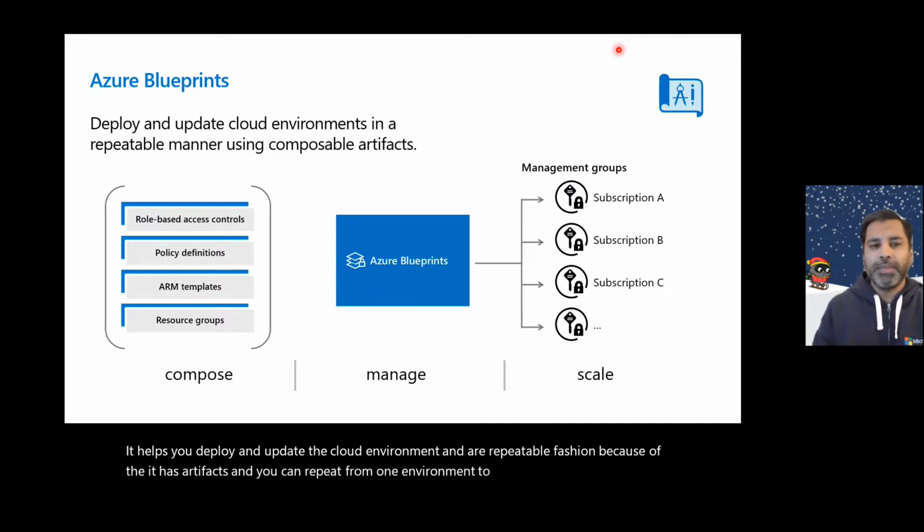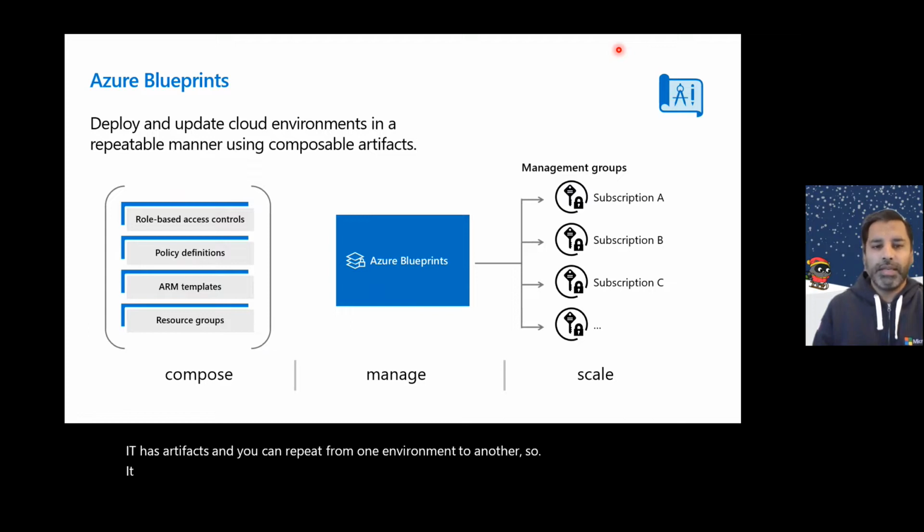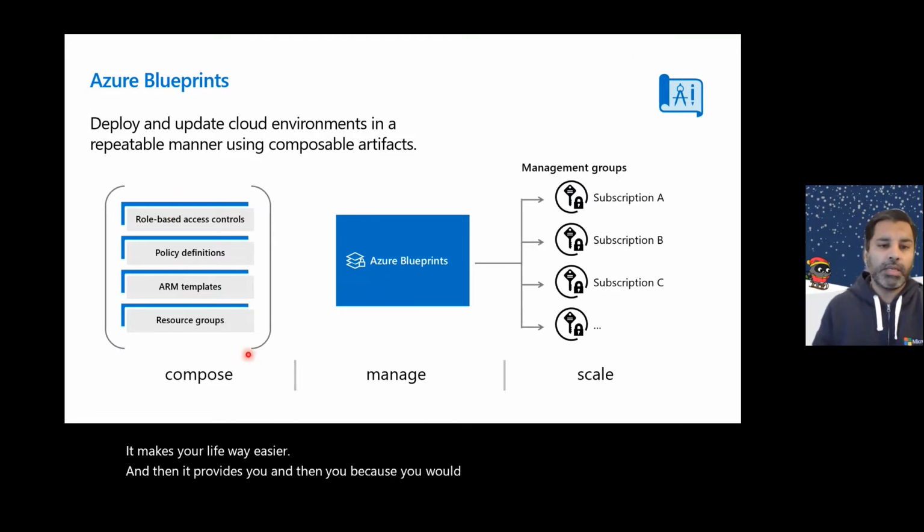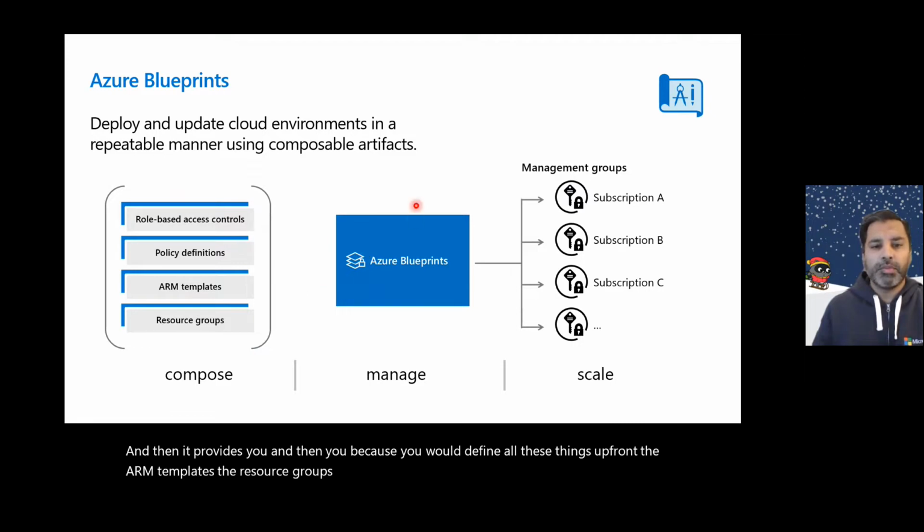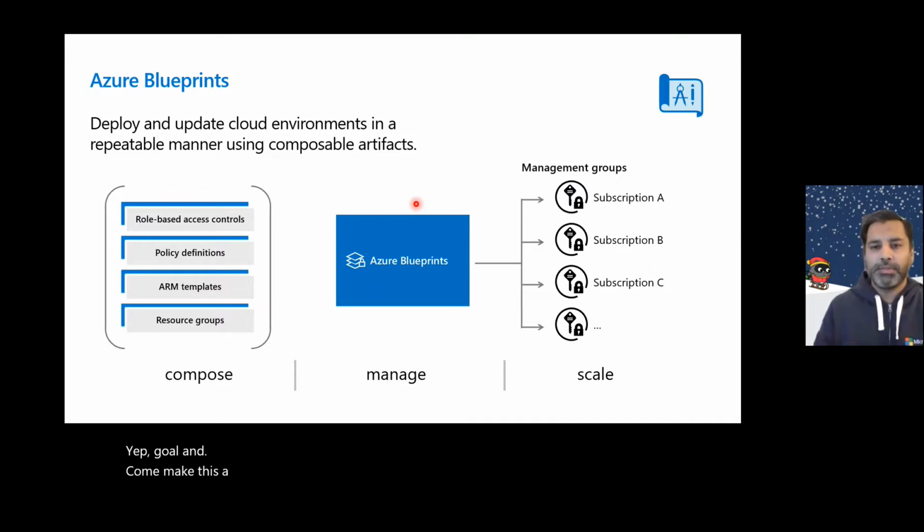So it makes your life way easier. Because you would define all these things upfront, the ARM templates, the resource groups, what have you, and then with Azure Blueprints, you're like, yep, go and make this a repeatable process for us.